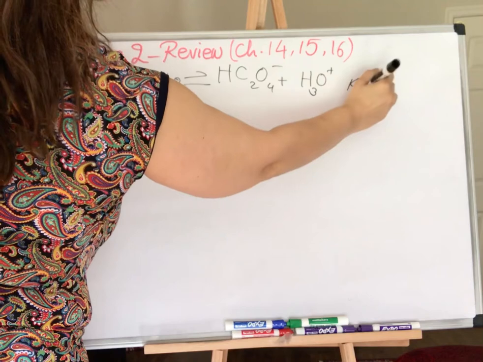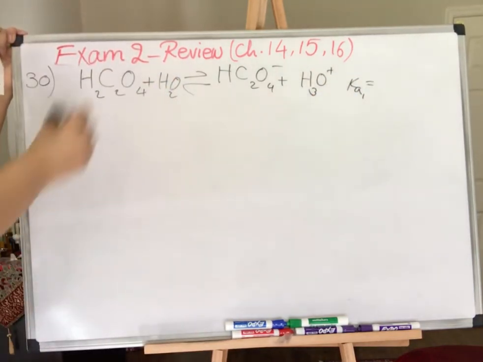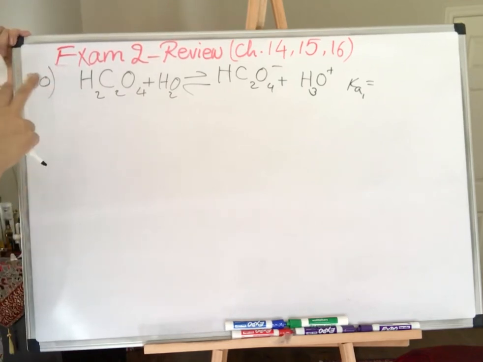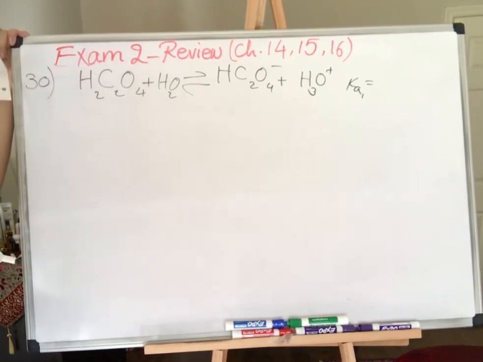Ka is, and you know that it's going to ionize in two different steps.